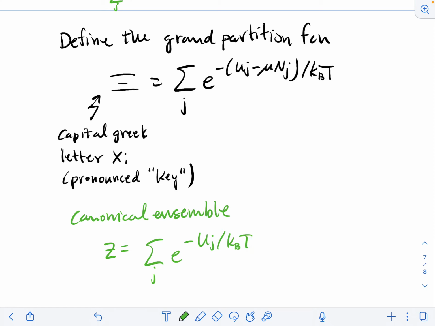So this was the partition function. What we were able to do in the previous video was to relate the partition function, which is a sum over all quantum states, to thermodynamic variables. And so we're going to do something similar with the grand partition function.